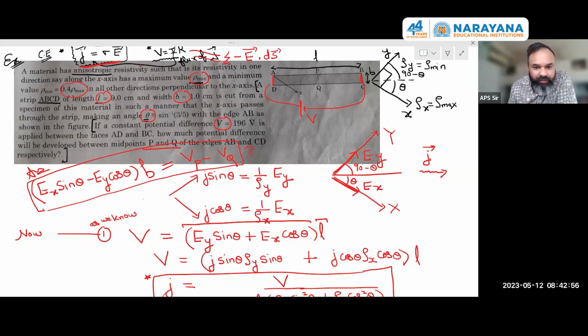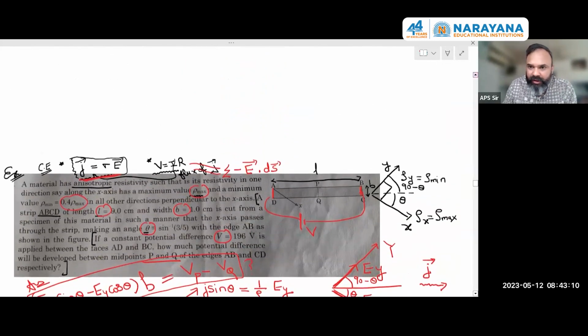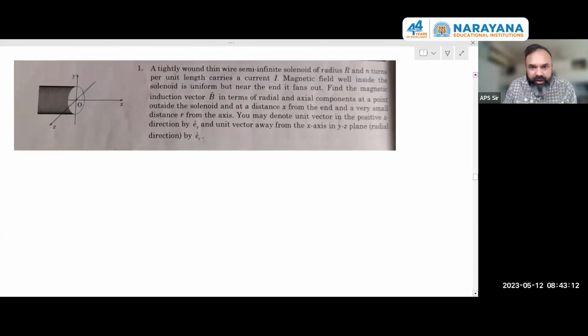So when I have written my desired V, you can observe that I've used E dot ds along the length, and then I observe the direction and obviously I will get the result. Right?